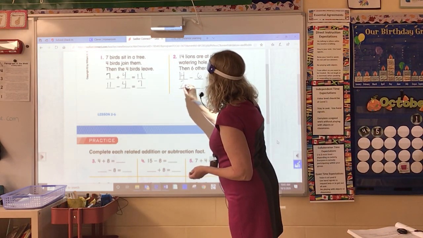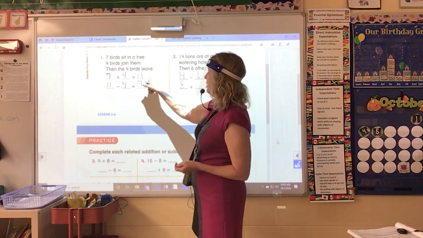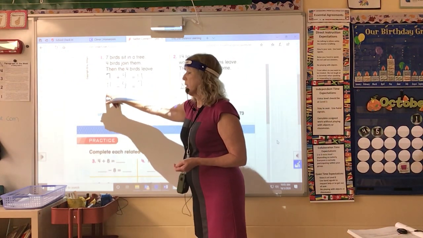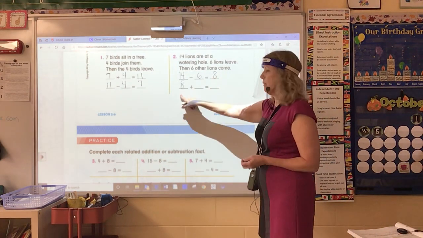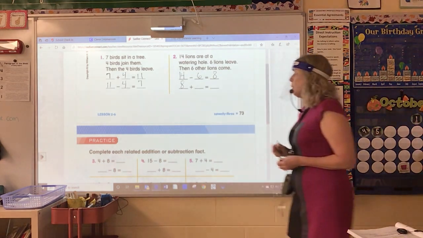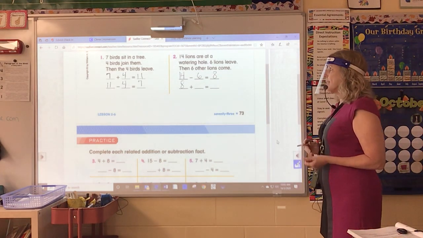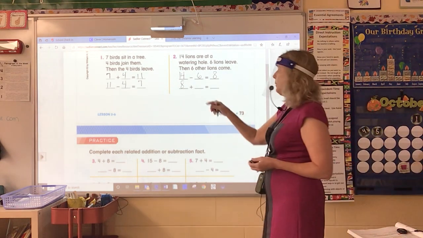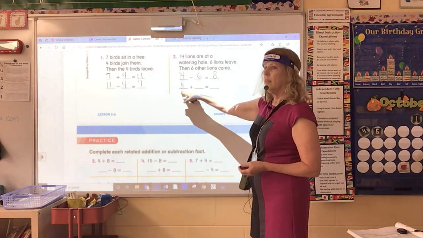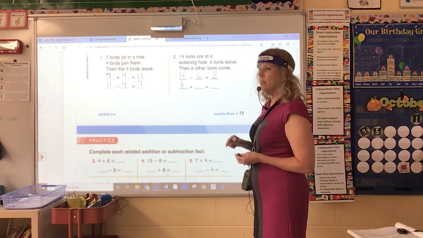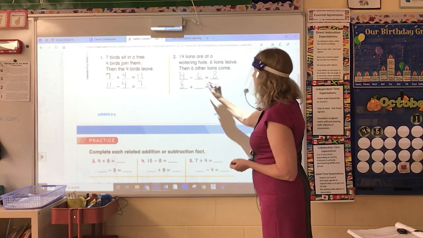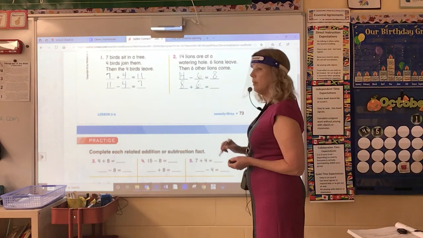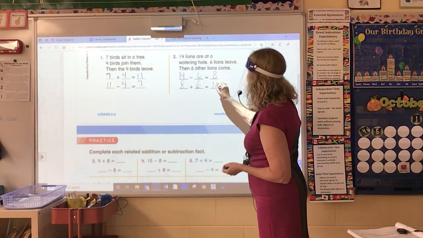Did you notice that? The 11 went to there. The same thing here. So there are now 8. Then 6 other lions come. Eli, so what are we going to have here? 8 plus 6 equals 14.